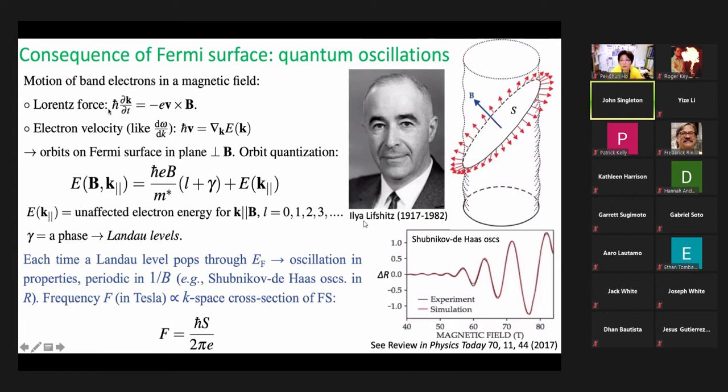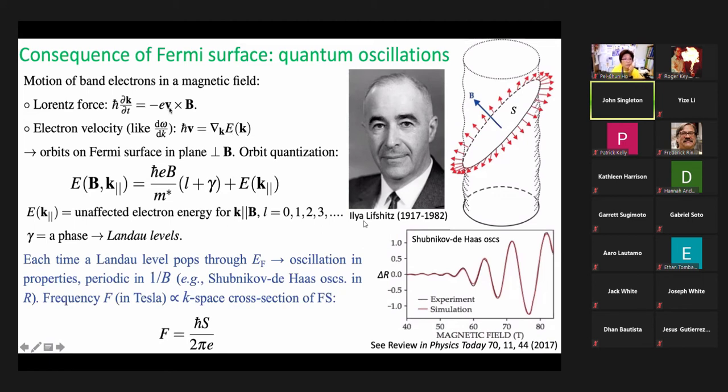So when we write the Lorentz force, the rate of change of wave vector is given by the force on the electrons. And because we've got a quantum mechanical particle, the electron velocity is analogous to d omega dk for the group velocity in one dimension. The velocity is given by the gradient in k space of the energy as a function of k.